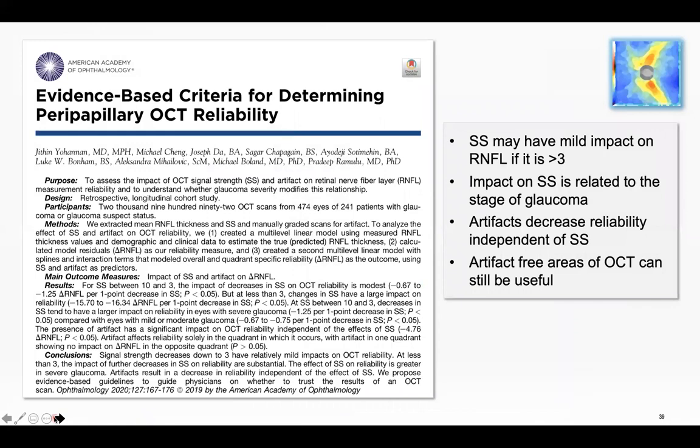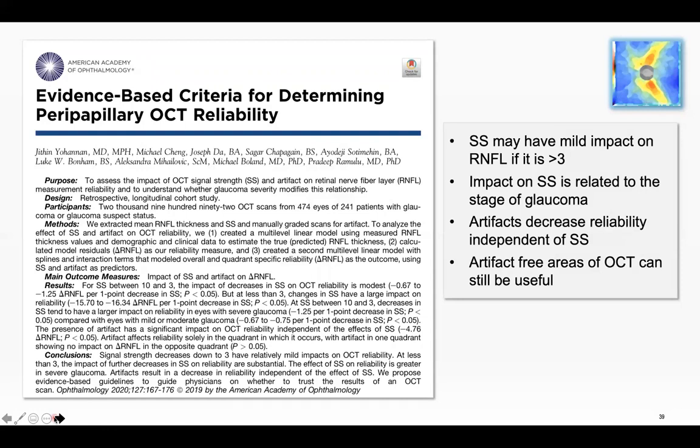In a recent study published in Ophthalmology journal, this is an interesting study. I just read it while I was preparing this webinar. Authors showed the importance of signal strength and artifacts in a very large series. An interesting point in this study is that although ZEISS recommends using scans with SS higher than 6, in mild to moderate glaucoma, signal strength higher than 3 can still be used unless it's artifact-free.